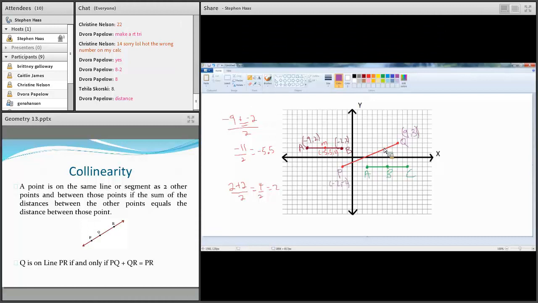Now let's make a straight line segment that goes across. Okay, there we go. If I say this is A, this is B, and this is C, what's the difference between A and B? What's the distance between A and B?